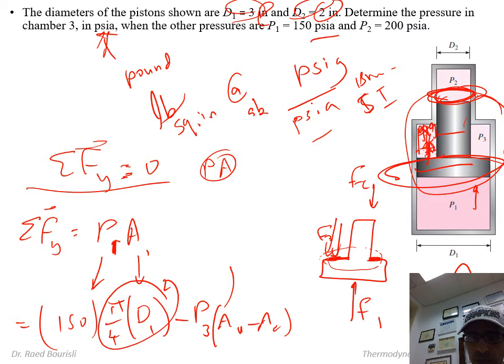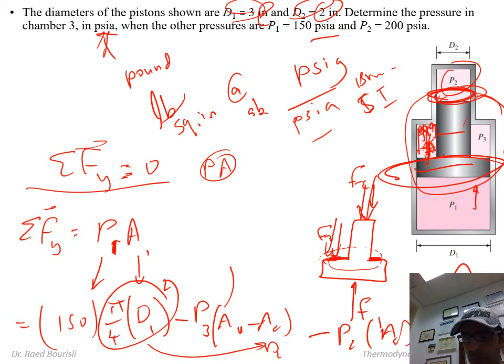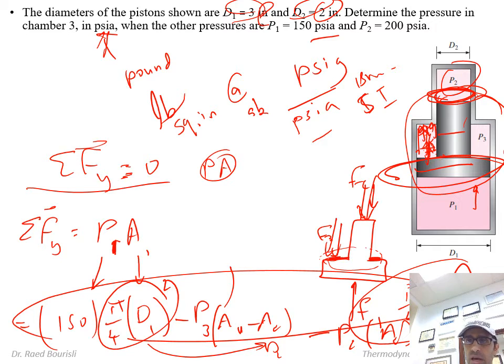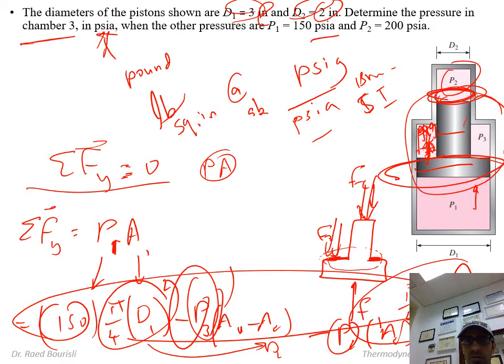Area 2 is this with a D2. And then this guy is also acting in the negative direction, so minus P2 area 2. Okay, so pi over 4 D2 squared, and so on. So you sum everything and you have the pressure in chamber 3, so this is unknown. Okay, this is known, this is known, this is unknown.